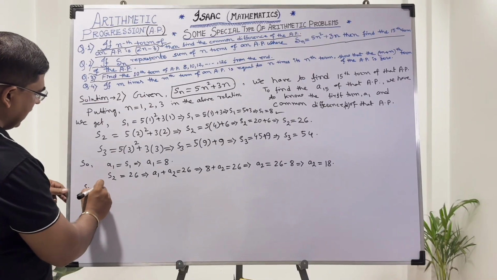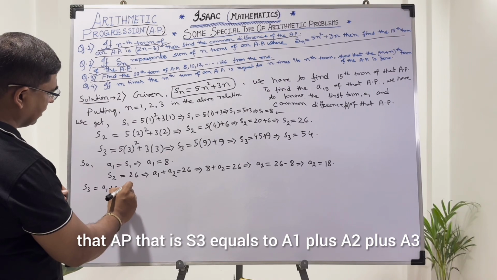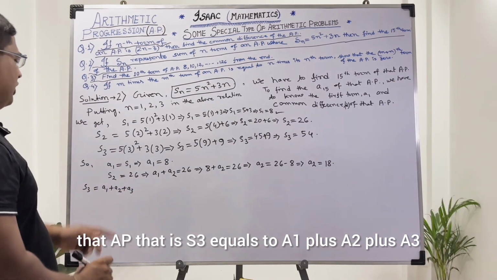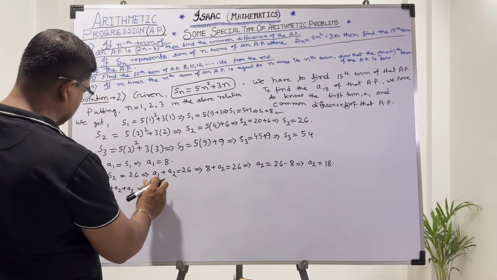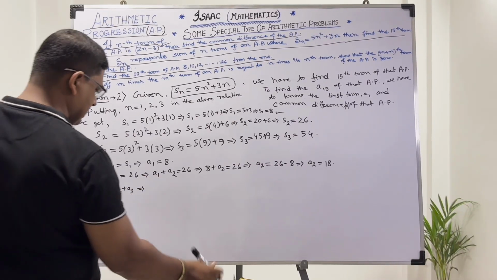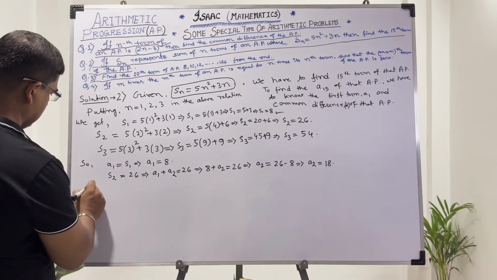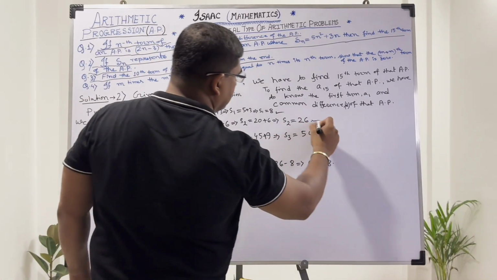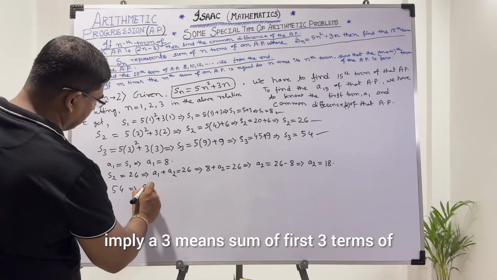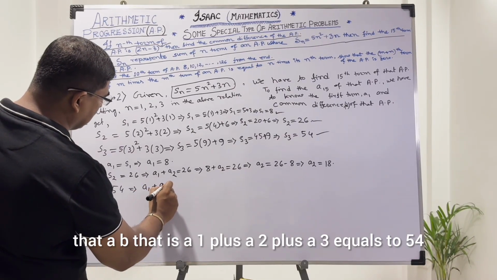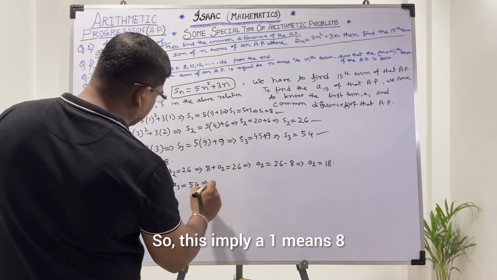S3. S3 means sum of first three terms of that AP. That is S3 equals A1 plus A2 plus A3. So S3 equals 54 implies A1 plus A2 plus A3 equals 54.